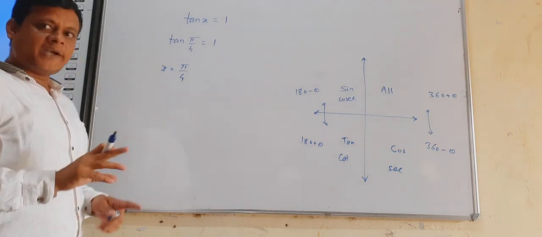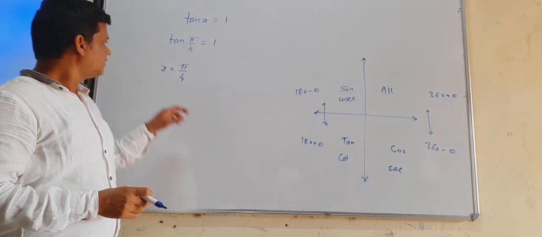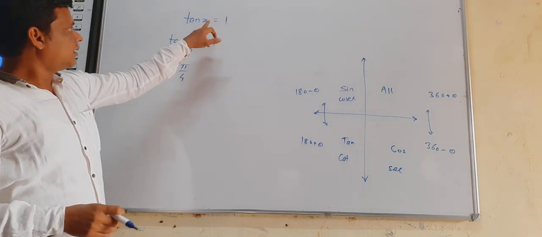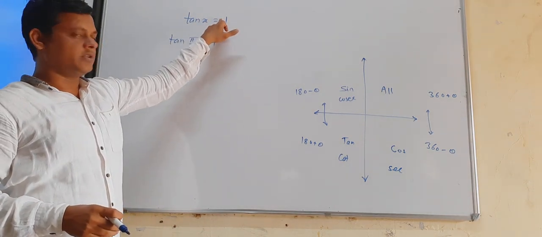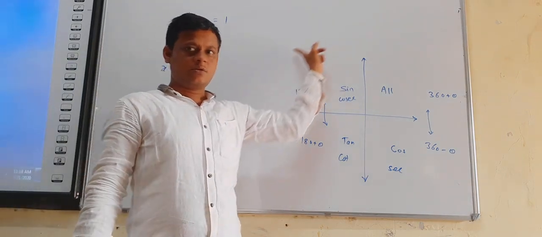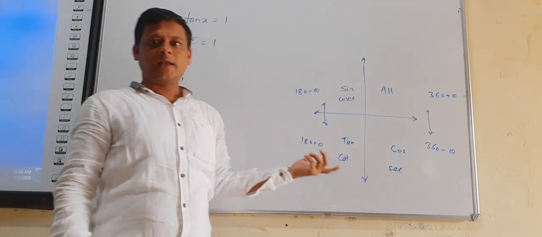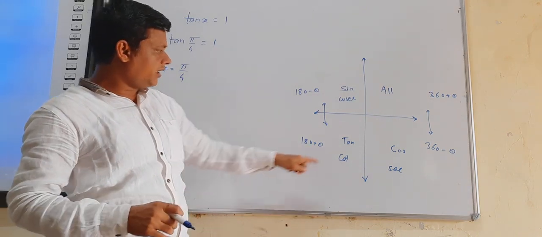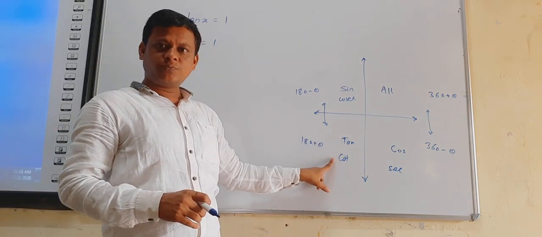Now we have to find the second value. Now see here, tan x equals plus 1. So we have to check this for calculating the second value. See, tan in the third quadrant is positive.